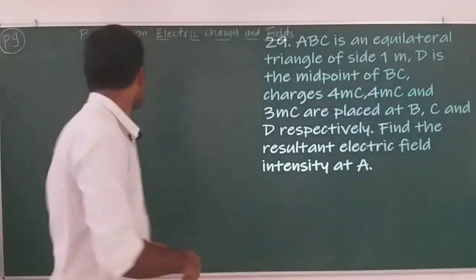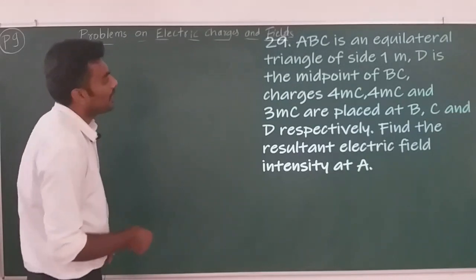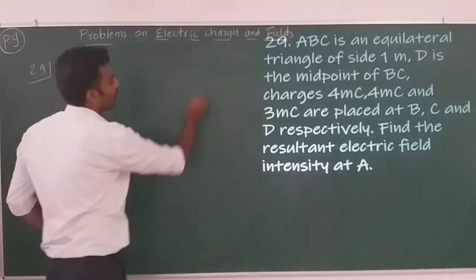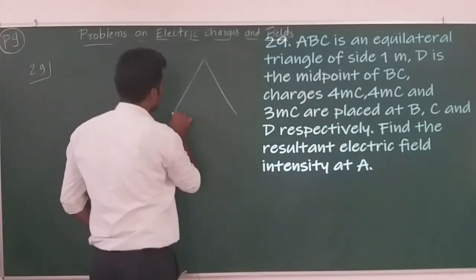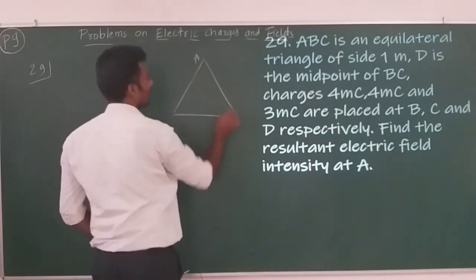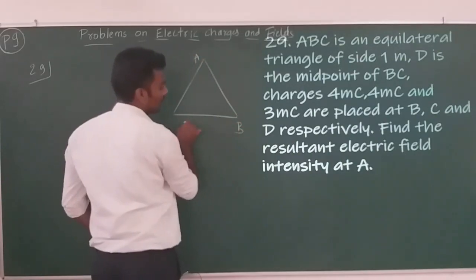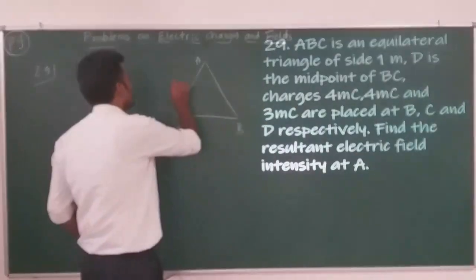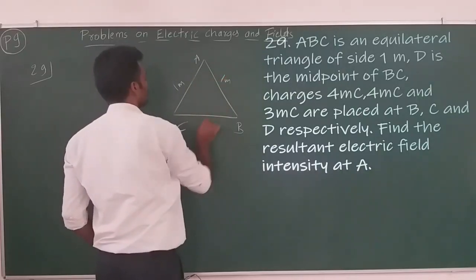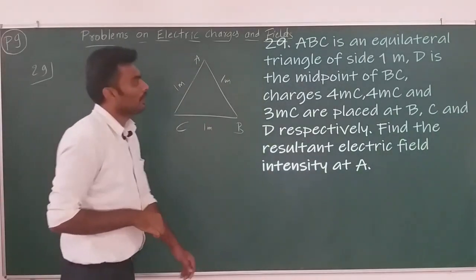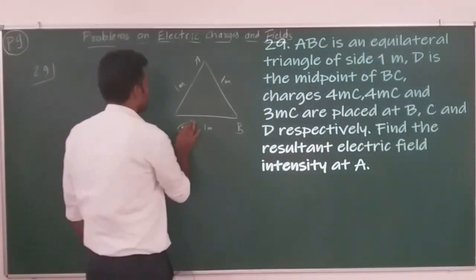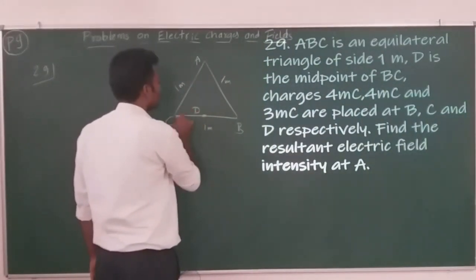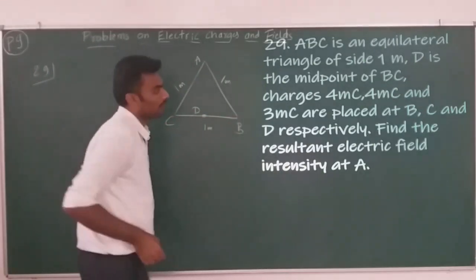Now question number 29. ABC is an equilateral triangle again. We have an equilateral triangle A, B, C of side 1 meter each. D is the midpoint of BC. Here we have a point D which is the midpoint of BC.